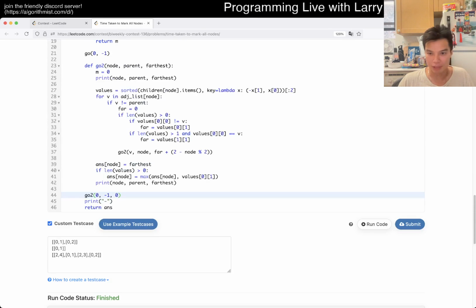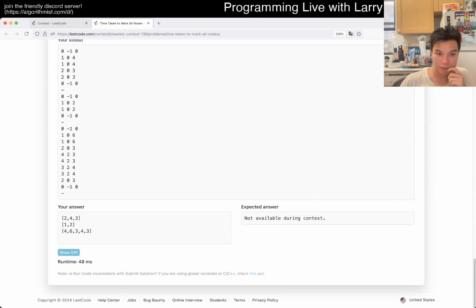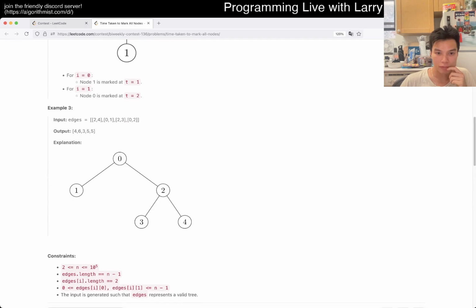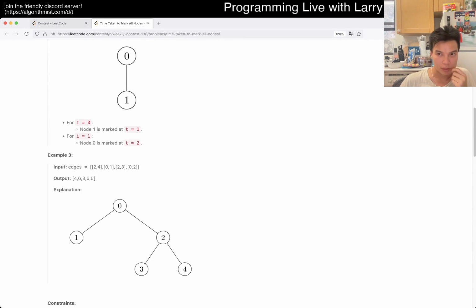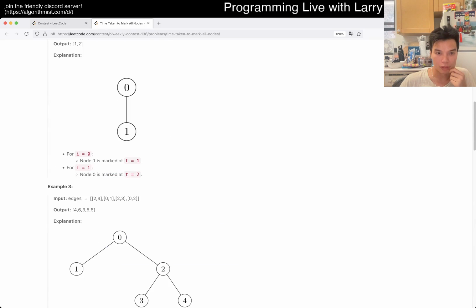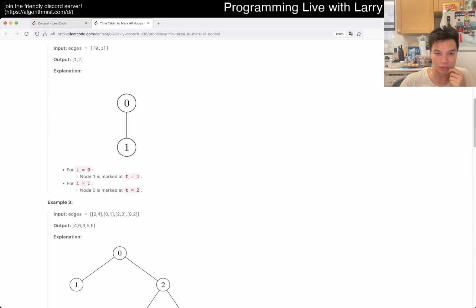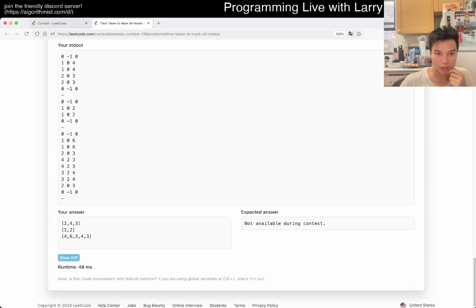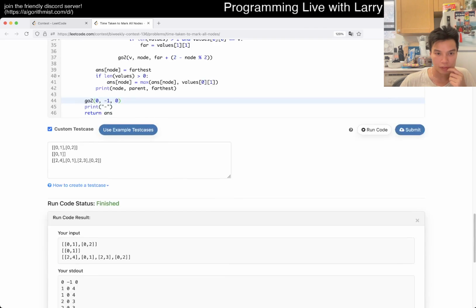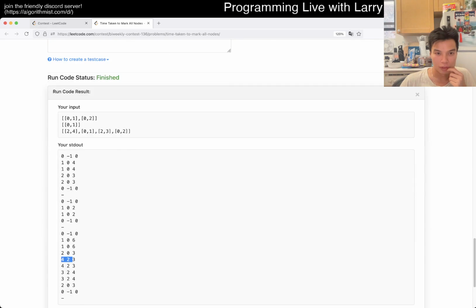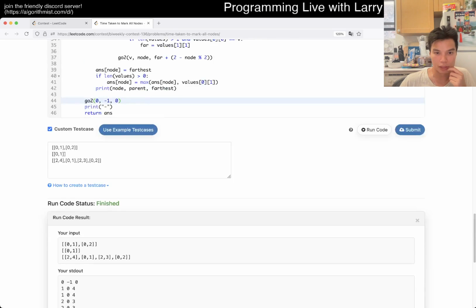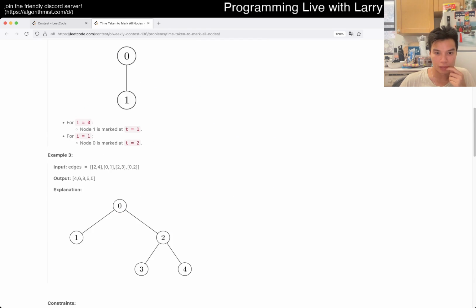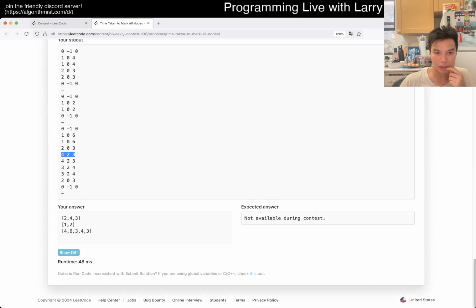I don't know, are we making progress? So 2 is 3, that's right. So we want 4. Why is 4 5? 4 parent is okay, so input is 3. Is that right? For 4? I don't think so.